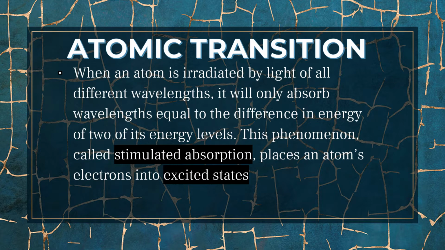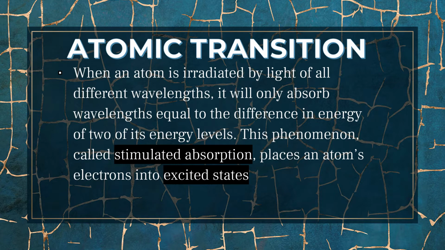When an atom is irradiated by light of all different wavelengths, it will only absorb wavelengths equal to the difference in energy of two of its energy levels. This phenomenon, called stimulated absorption, places an atom's electrons into excited states.